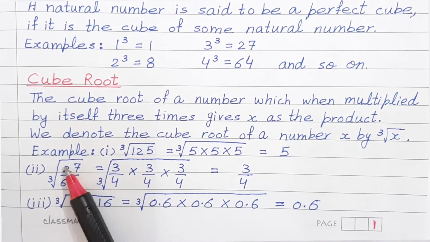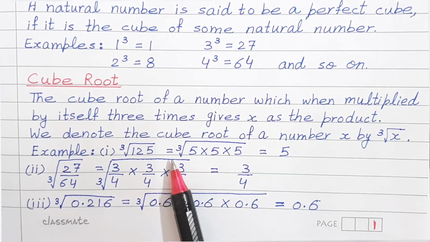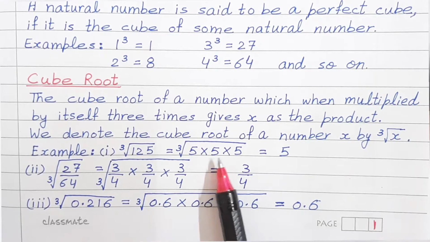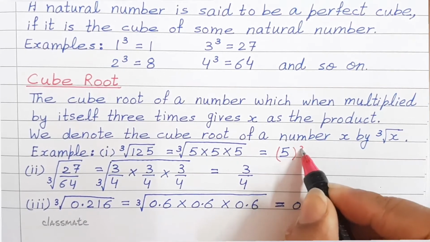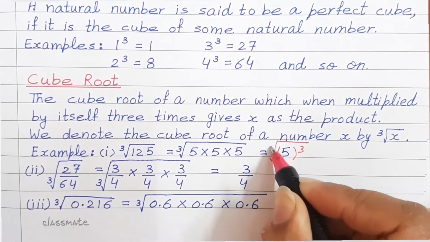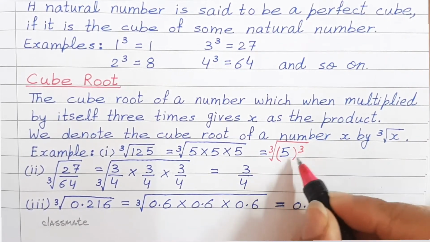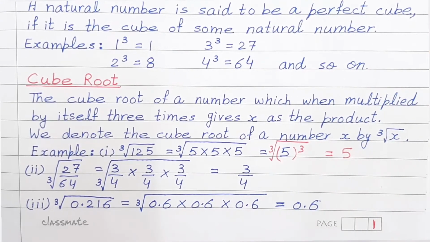For example, cube root 125 is equal to cube root 5 multiplied by 5 multiplied by 5. This you can write as 5 cube, right? So here the cube root of 5 cube, the answer is 5. I hope it is clear to you now.